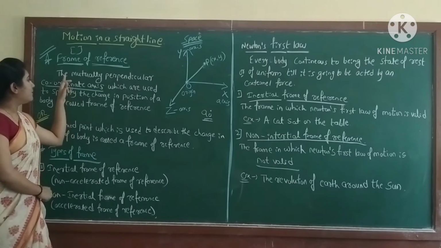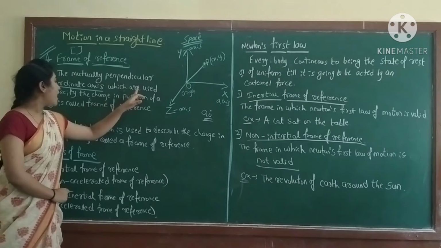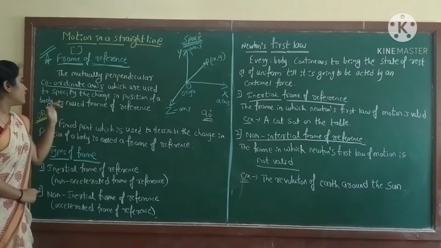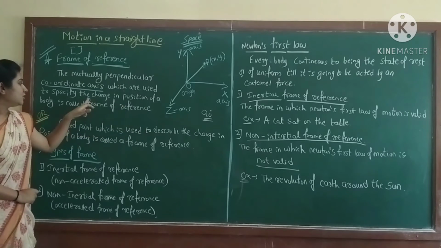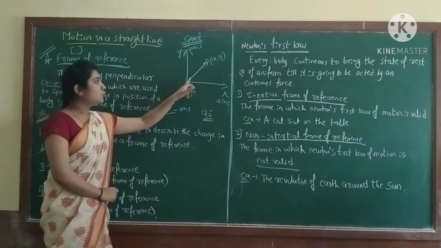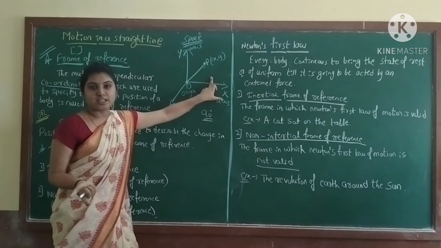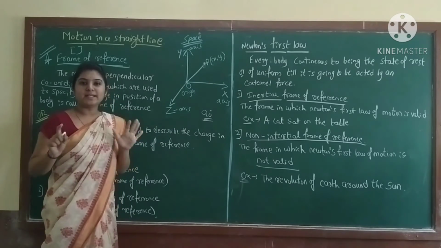So the mutually perpendicular coordinate axes which are used to specify the change in position of a body are called the frame of reference. Change in the position of a body. Here, if the position changes from here to here, that is nothing but the frame of reference. Understood? It is quite easy.